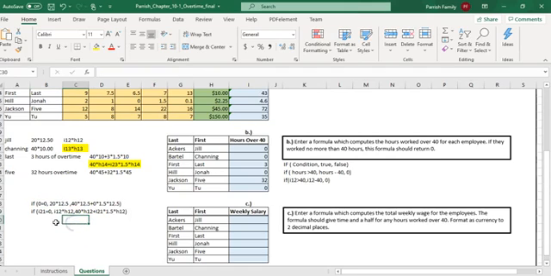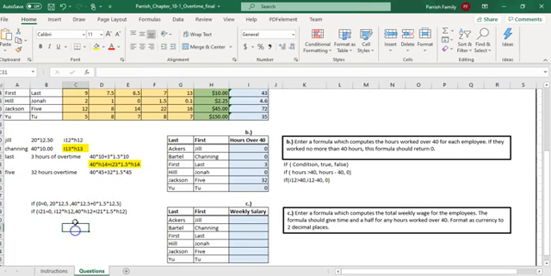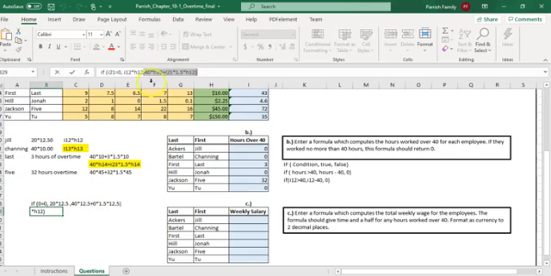Okay, so what this is saying is that if this overtime hours is 0, then I'm only going to do this part right here, I12 times H12. That's what's going to happen if it is 0. And if it is not 0, then it's going to do this part of the problem and multiply by 1.5.